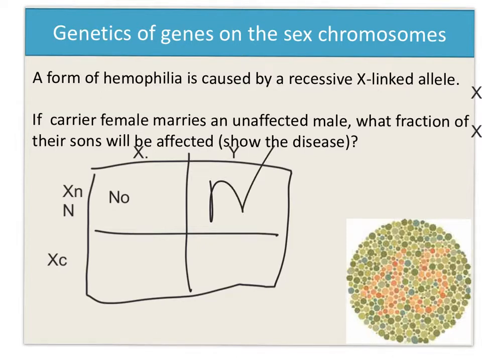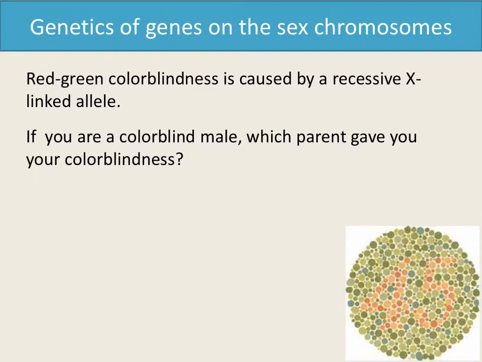And then we'll have, on the bottom here, colorblind male. So if you are a colorblind male, which parent gave you your colorblindness? The mother, right? Because it's an X-linked trait.